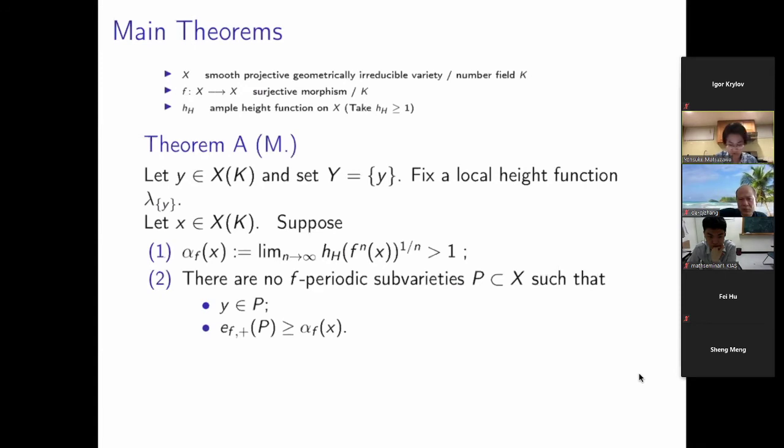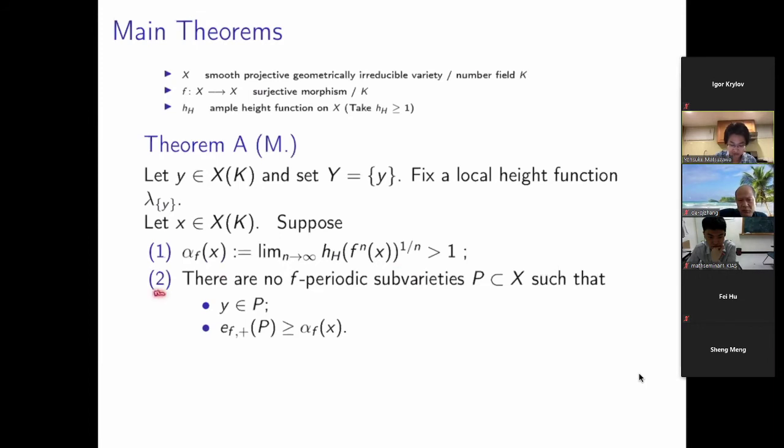So in other words, the alpha of x, which I call arithmetic degree, is defined by the exponential growth rate of the ample height function along the orbit. And this limit always exists because our variety is projective and f is a morphism. And we assume that this is larger than 1. Okay, so the ample height function grows very fast. This is the first assumption.